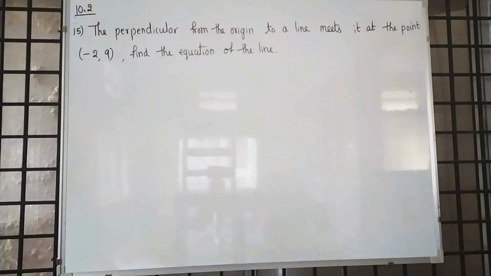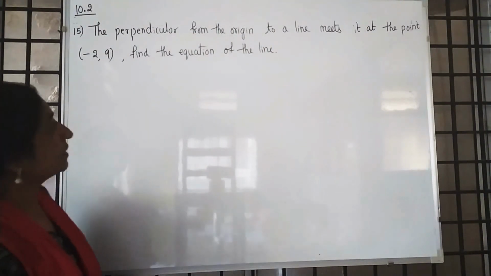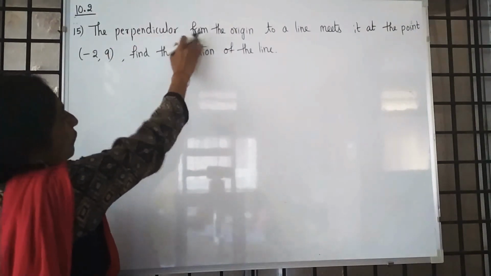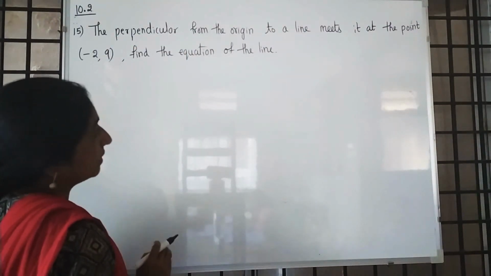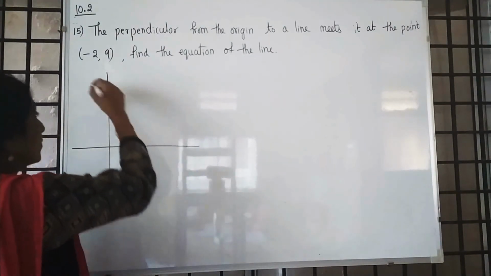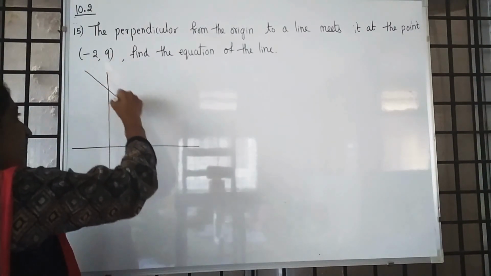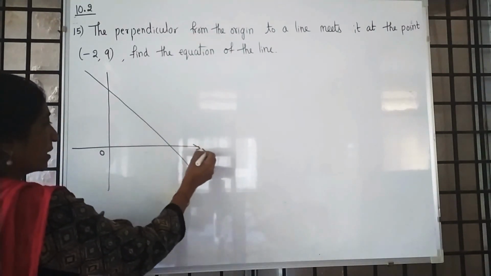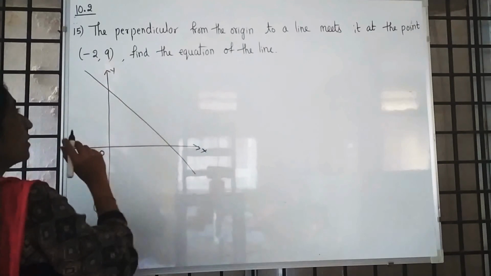See, moving to the next question, that is question number 15. First read the question carefully. The perpendicular from the origin to the line. See, this is the y-axis, this is the x-axis. Perpendicular from the origin, the required line is like this. And this is the origin, x-axis, y-axis.